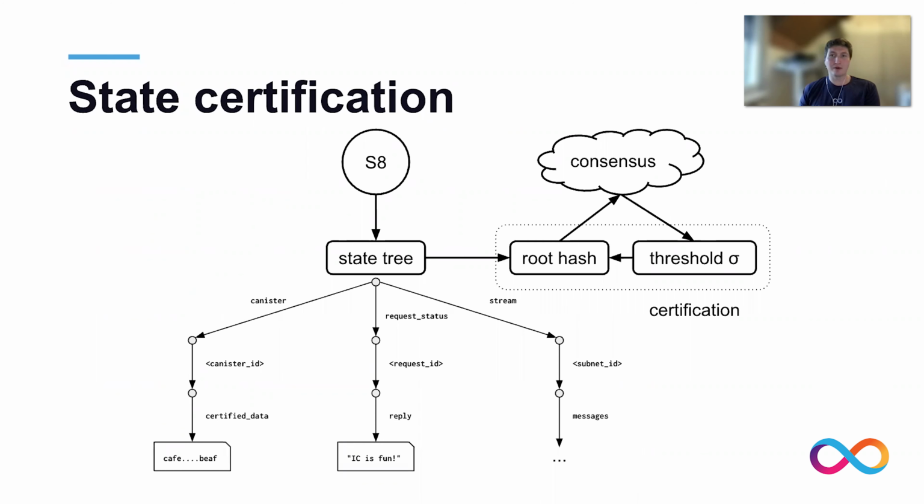One way would be to allow anybody to look at the state, because the output of every request is in the state as well. So you can just take the state, hash it in some way, and sign the hash of the state using a threshold signature scheme, using the consensus.